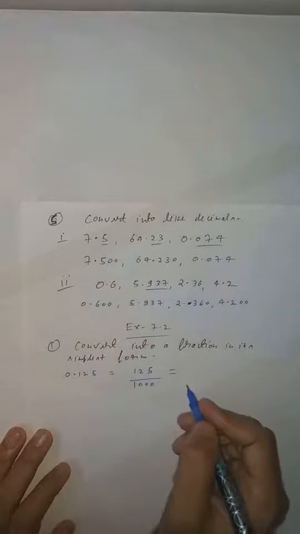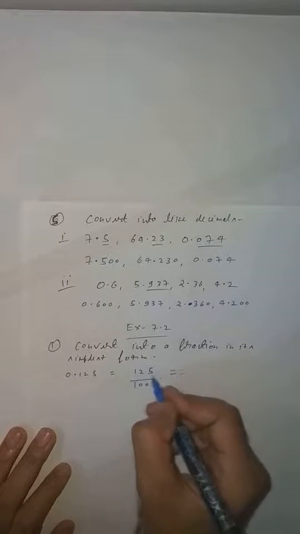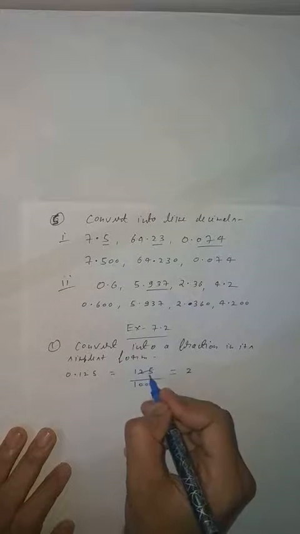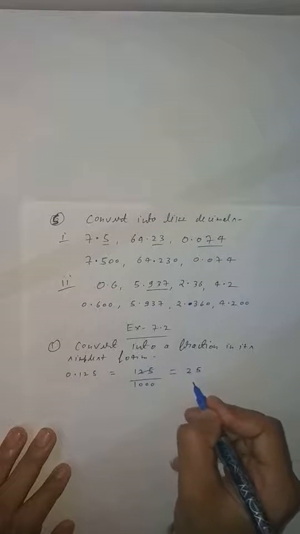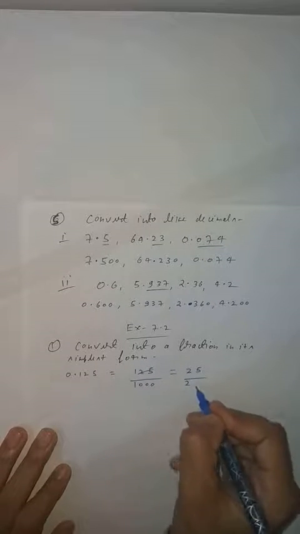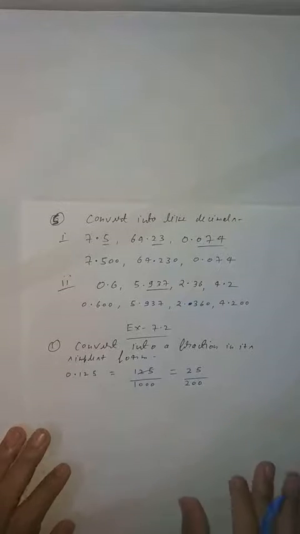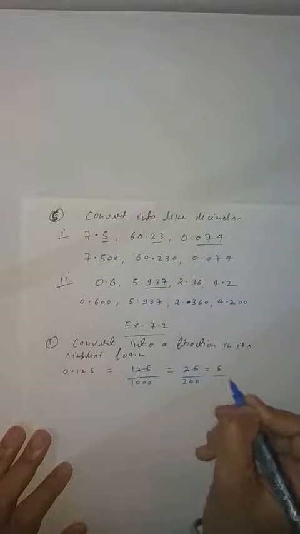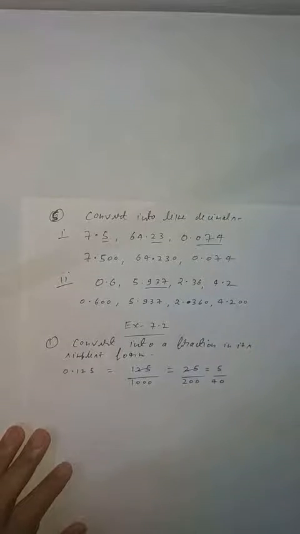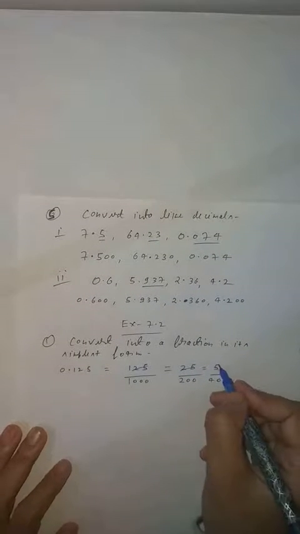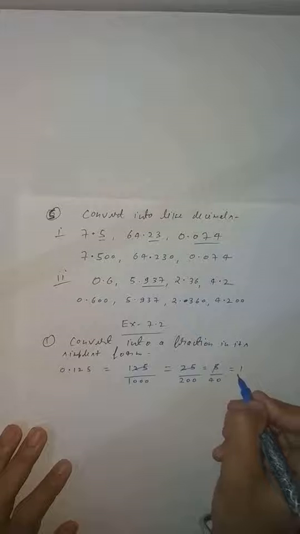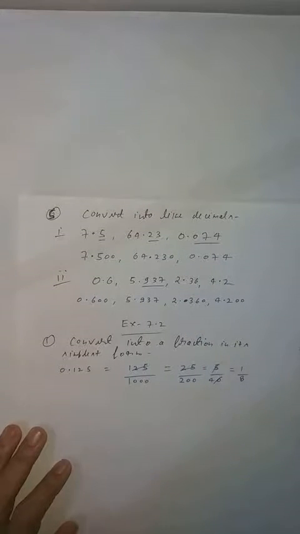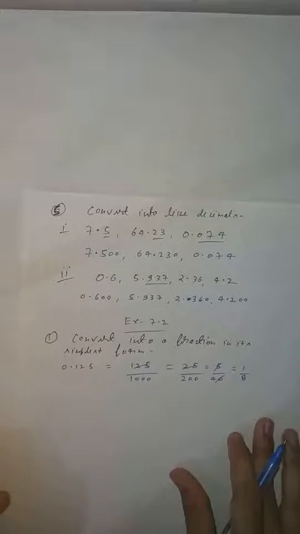So you can take 5. 5 2s are 10, 2 carry remains. 5 5s are 25. Now 5 2s are 10, then 0 0. Again you can divide by 5. 5 5s are 25, then 5 4s are 20, 0. Again you can divide by 5. 5 1s are 5, 5 8s are 40. Clear, student? So this is your simplest form.